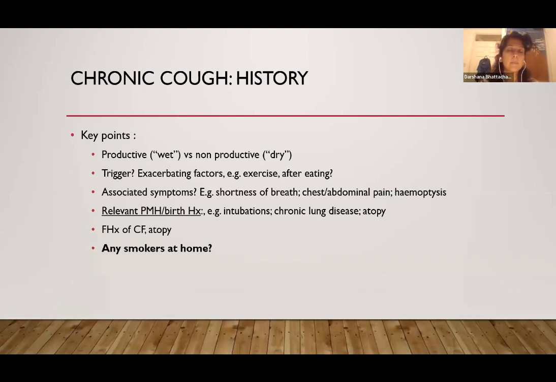Ask about relevant past medical or birth history, such as prematurity leading to intubations. We don't have to be premature to be intubated, but obviously a history of intubations, or chronic lung disease, which is associated with prematurity, and any other features of atopy. And ask if there's a family history of anything relevant, such as cystic fibrosis or atopy. And really, one of the most important questions to ask is whether there are any smokers at home, and to give smoking cessation advice as needed.